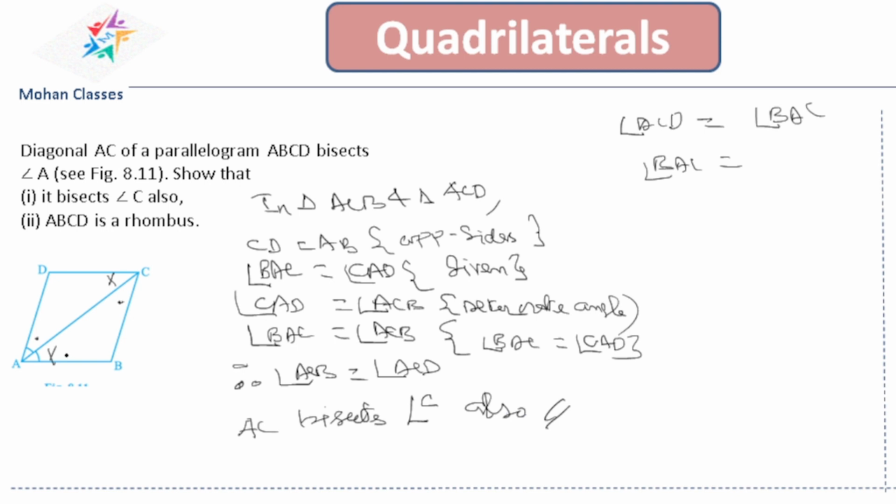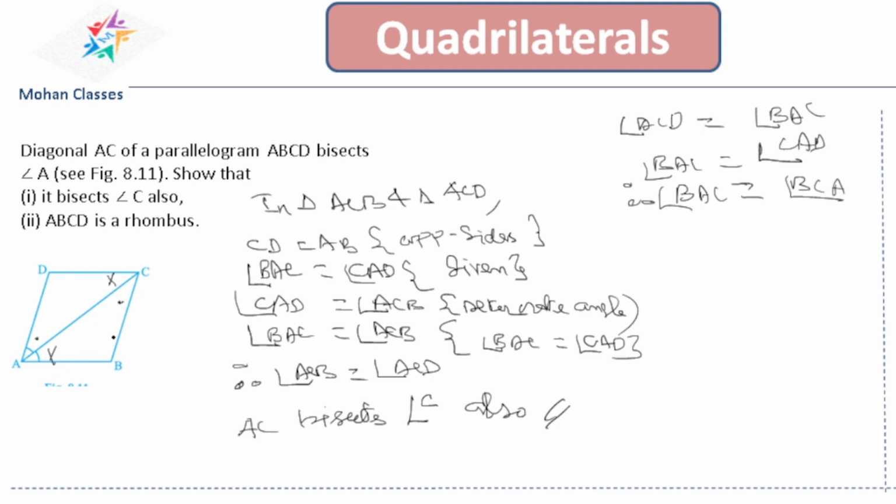Alternate angles are equal, and this angle is equal to this angle, but these two angles are equal, right? Angle BAC is equal to angle CAD. Therefore, angle BAC is equal to angle BCA. Equal angles, these two angles are equal.